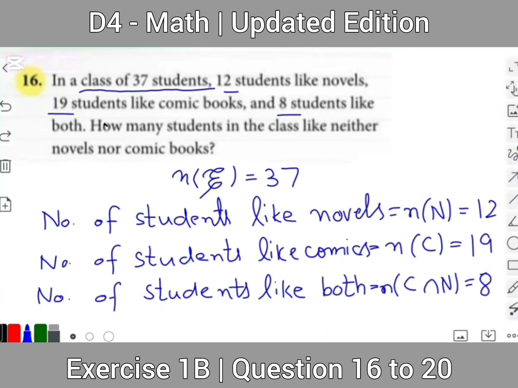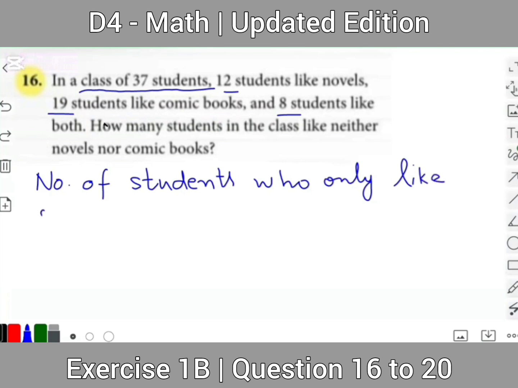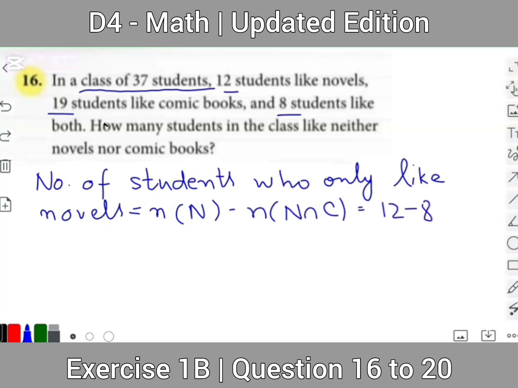Now we have to find out the number of students who like only novels. So the number of students who only like novels will be equal to n of N minus n of N intersection C, and that is equal to 12 minus 8, and after subtraction we will get 4.